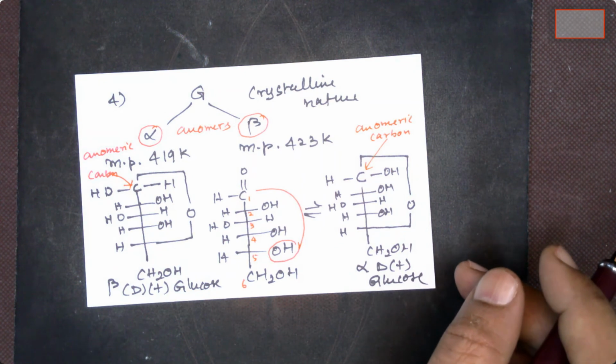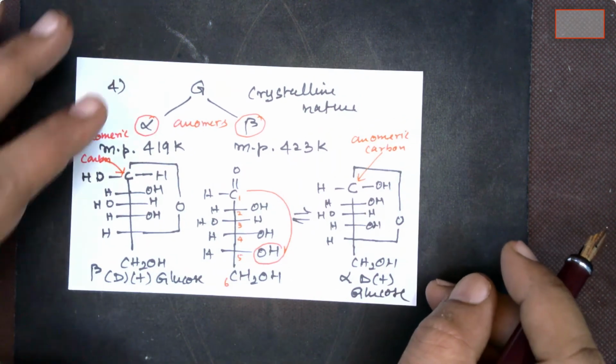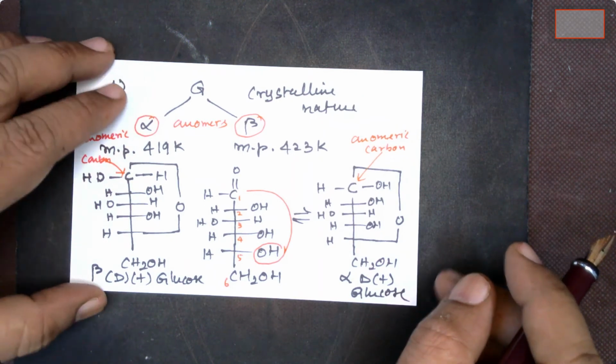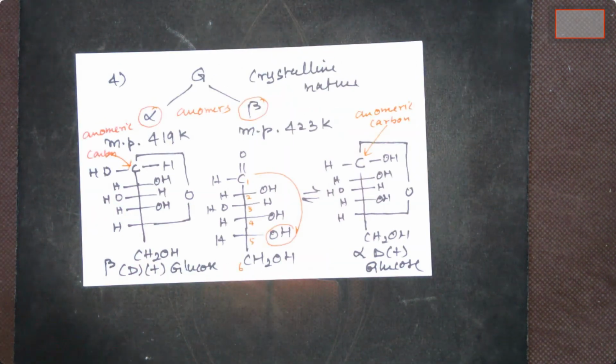Okay, this is known as pyranose structure, and that's why we can have the 6-membered ring also. I will try to draw that structure, because pyran means it is a 6-membered ring, with 5 carbon atoms and 1 oxygen atom. Okay, it is a heterocyclic compound. We have the structure called pyran.